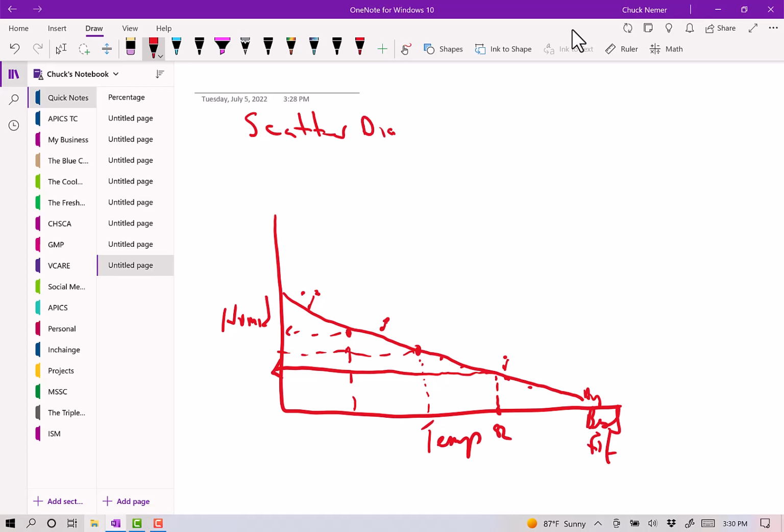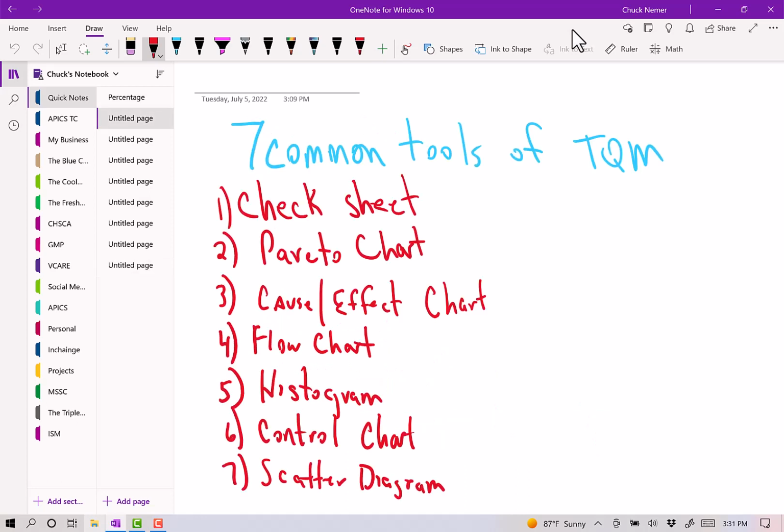Well, if I want an increase of humidity from A to B for this greenhouse, then we've got to take the temperature down to a point right here, where if I go up, it lands about where that humidity is. So that allows us not only to understand, but to predict what the other result might be based on the first variable, as well as control the process to be more efficient. So these are the 7 tools that we're talking about that are commonly used in total quality management.